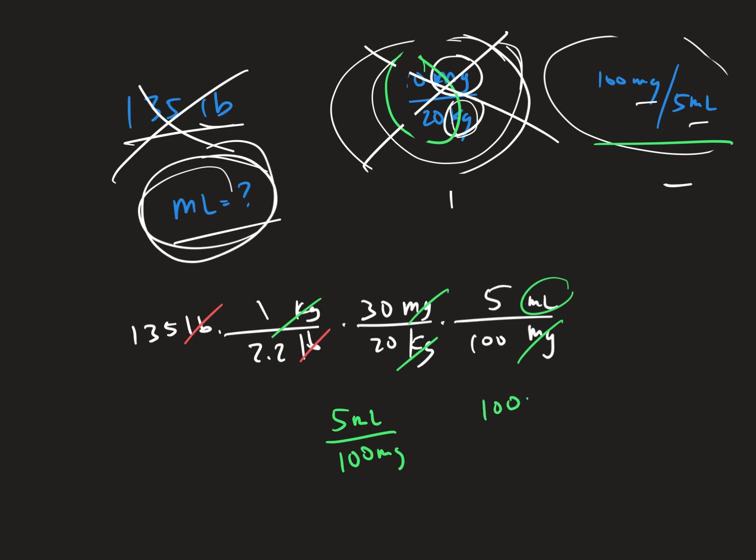Or if we have 100 milligrams of penicillin, it's the same as 5 milliliters. They're the same. Does that make sense? Kind of like 12 inches over 1 foot is the same as 1 foot over 12 inches. That's just a conversion factor, so we can flip those.